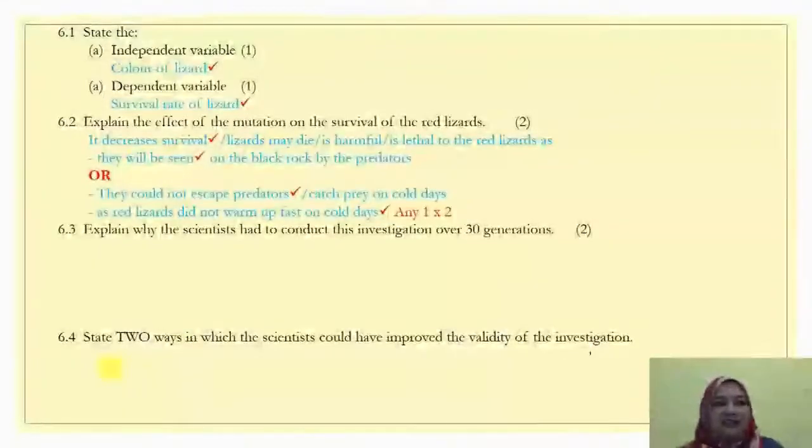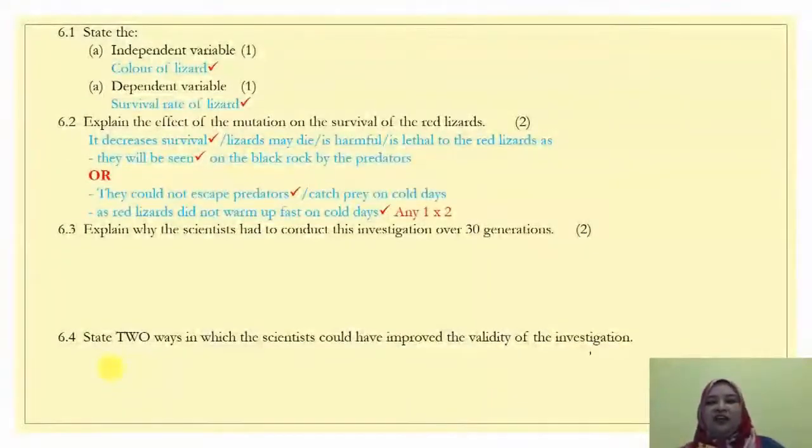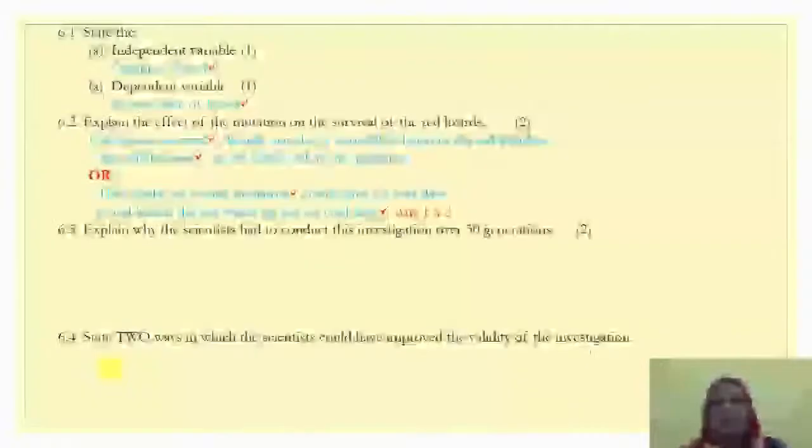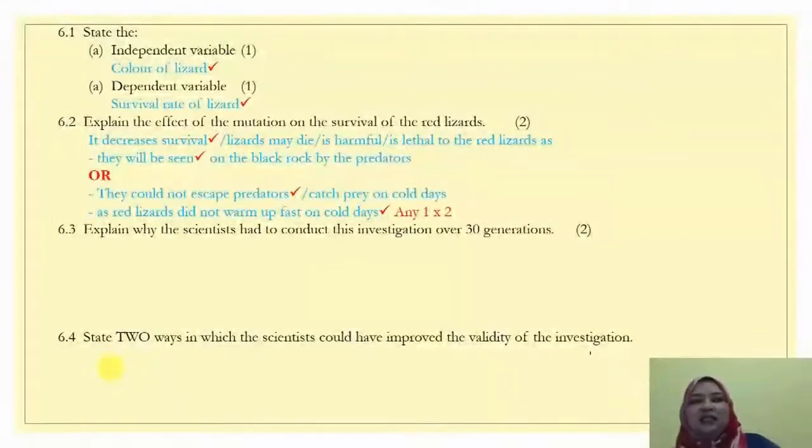So results is reliability, but the constant variables make it valid. And that's how I remember it. When I think of fixed variables, I think of V and V, validity. When I think of results, then I think of reliability.